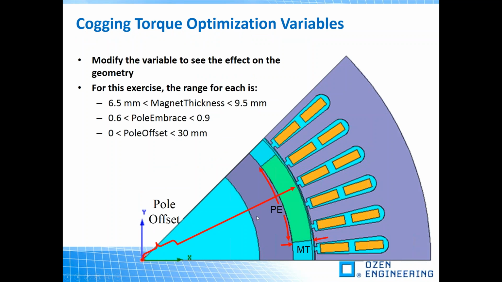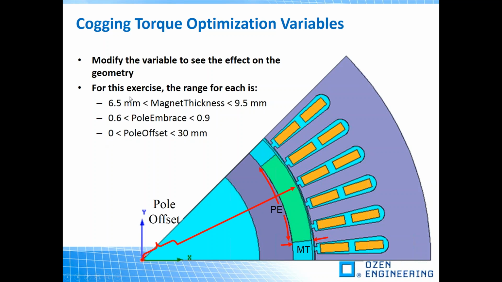So you can easily define some parameters to use the optimetric option and do the optimization to see what the differences in your design would be, and at which values of your variables or parameters your model is going to have the best performance.